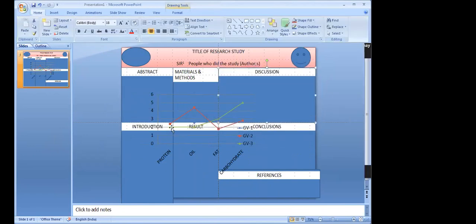Now, coming to the next one, you had compiled your result. After that, what you need to do is discuss your result. You have to discuss your result against earlier findings.